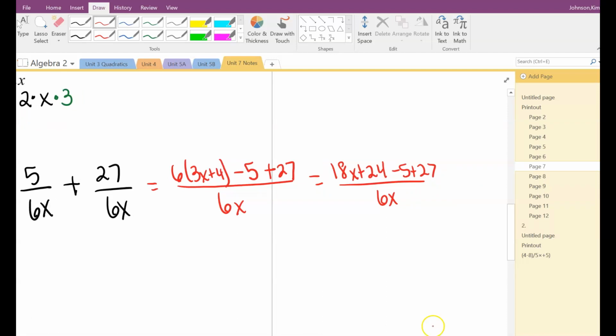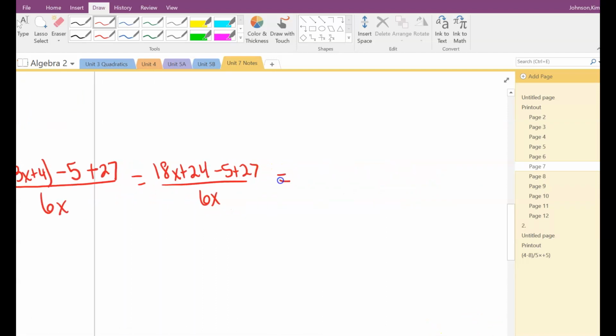I'm going to keep simplifying that. Negative 5 and 27 is 22, and 22 plus 24 is 46. So this is 18x plus 46 all over 6x.